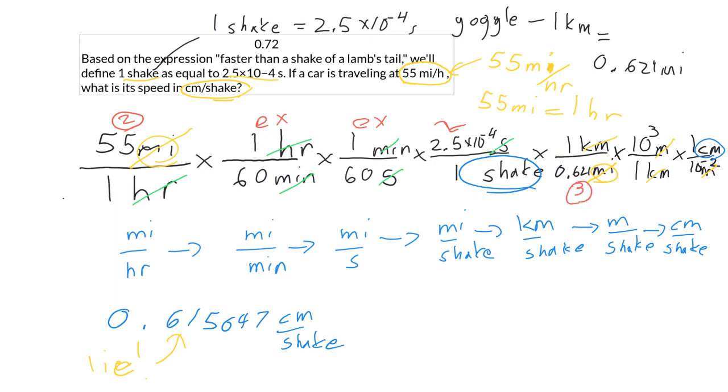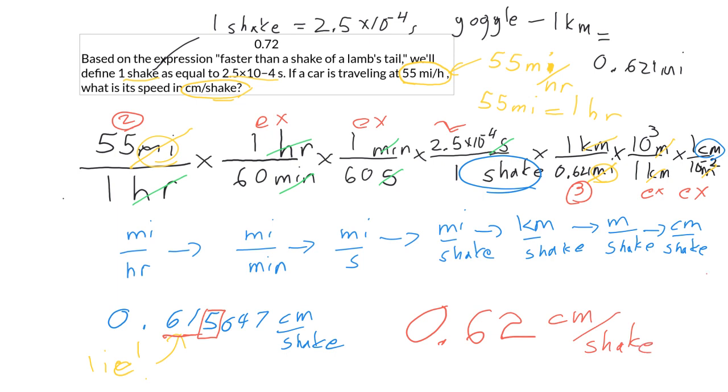This is actually measured at 3. And then the others are exact. So our least number of sig figs is 2. So we should only have 2 sig figs in our answer. 1, 2. Round on the basis of that 5, giving us a final answer of 0.62 centimeters per shake.